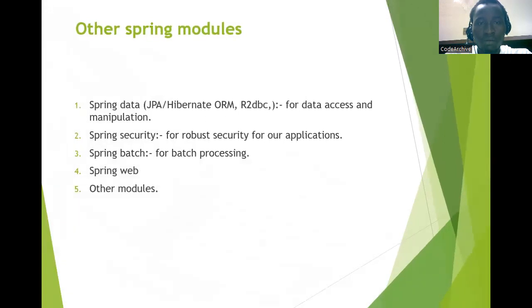Apart from the Spring Boot framework, Spring also comes with a lot of modules which will help us to build our REST application. One of the modules which we have seen is Spring Boot. Spring also has another module called Spring Data, which, through JPA or Hibernate ORM, we are able to use to access and manipulate the data in our database.